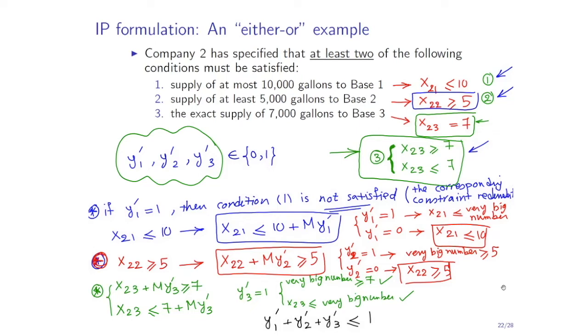Okay, so let me also put this in a box. These A, B, C, and D, these four are the constraints that we need to add to the original formulation in order to model the conditions of company 2.